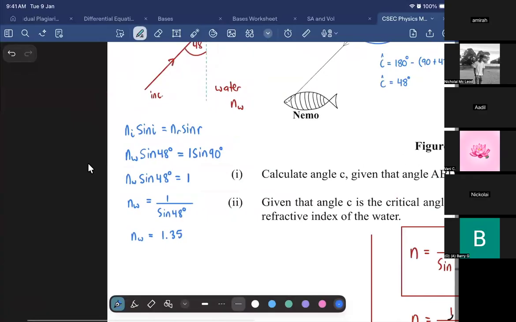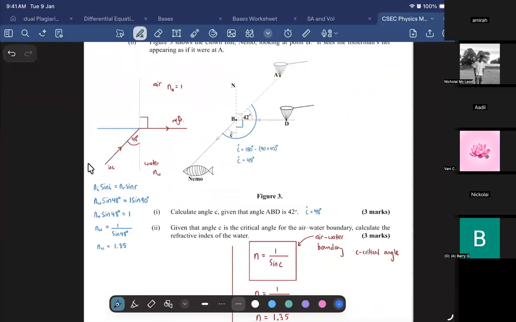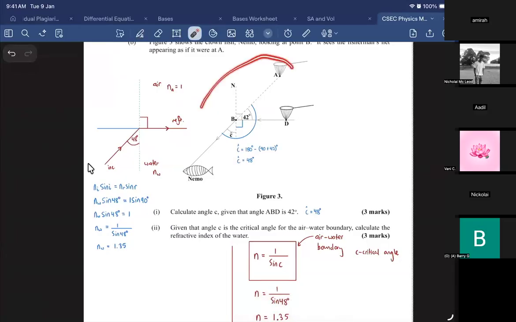Yes, sir. Or do you understand the long way better? I don't know, guys. I think they did a really bad job with this diagram. I feel like it's really confusing.